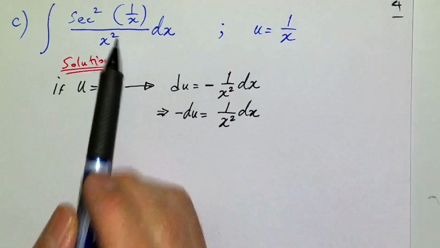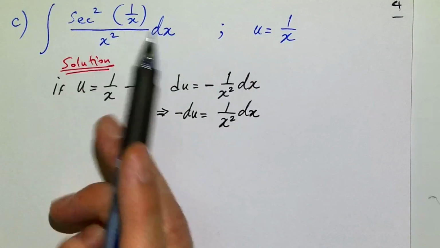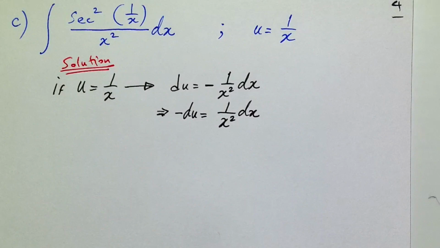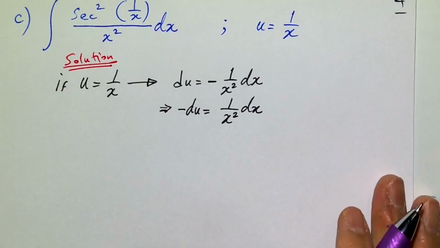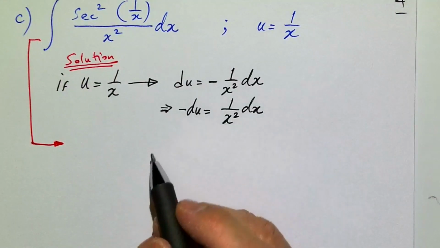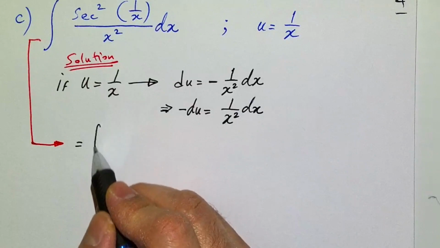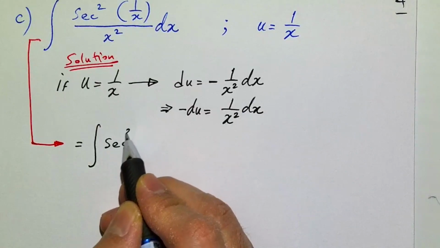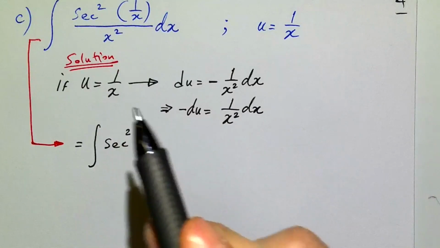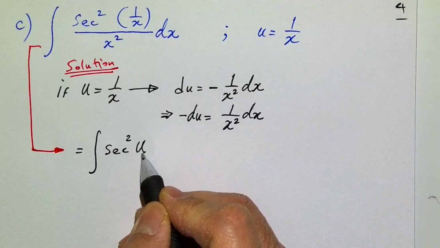So what happens here then? Well, we simply substitute for 1 over x with u, and then integrate secant squared u, which is very easily done because we have a tangent of u. We already have a technique for that. So let's do that. That would be equal to the integral of secant squared, instead of 1 over x, we have u, right?